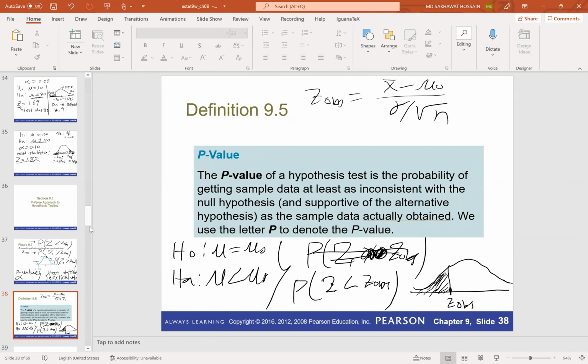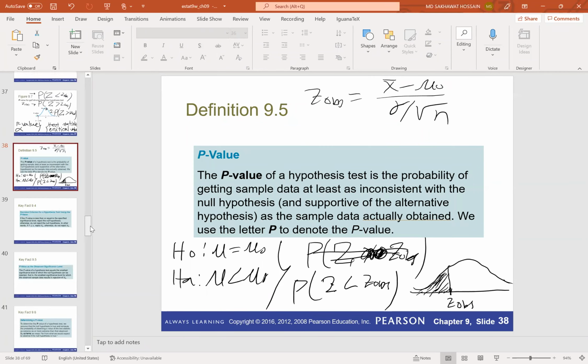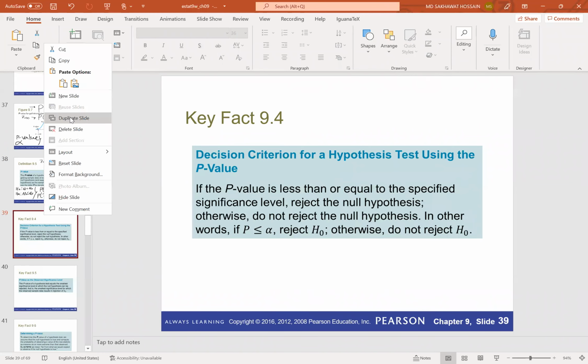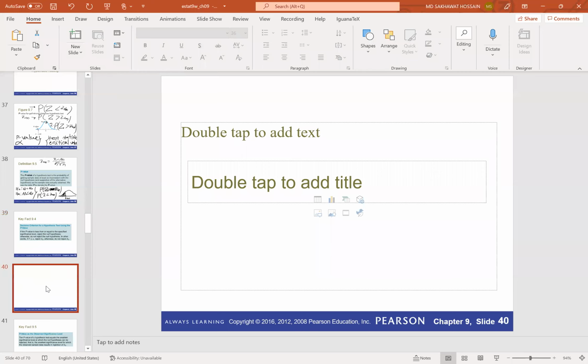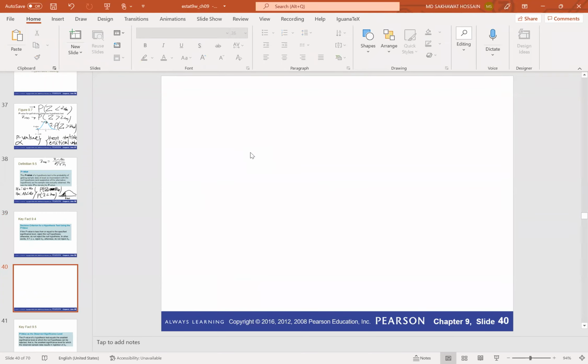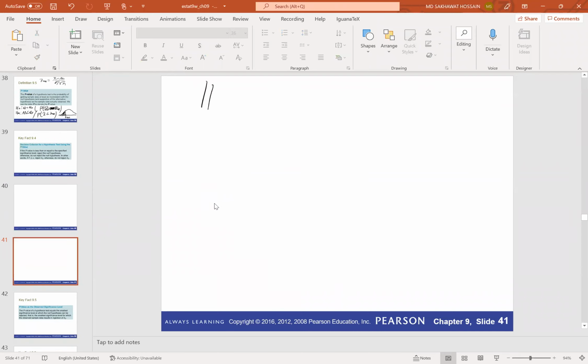And similarly for a right tail test, let's consider a right tail test. So H0 is mu equals mu 0, and the alternative is mu greater than mu 0.